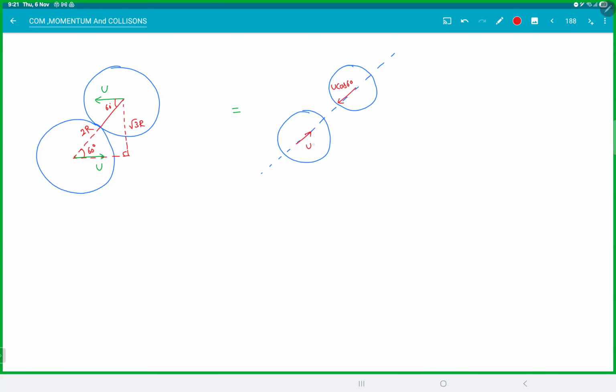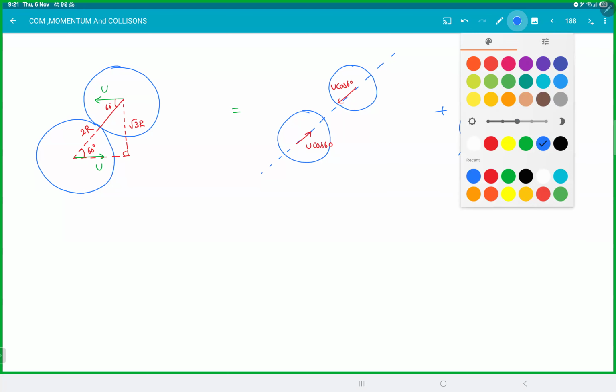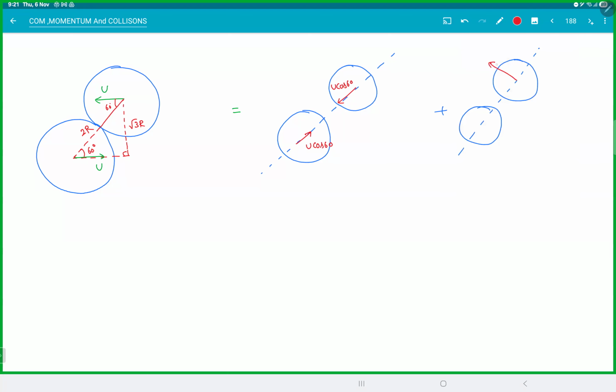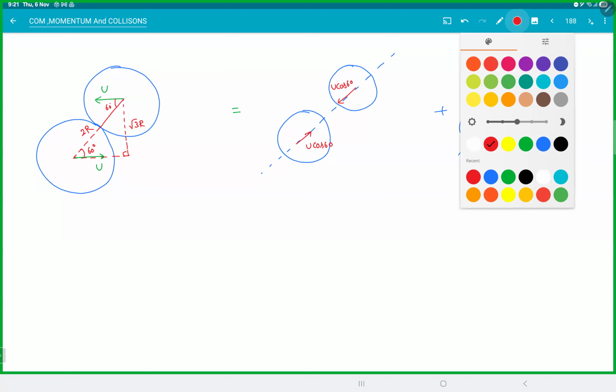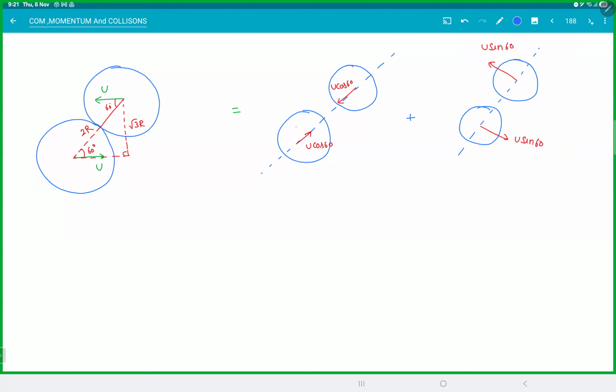U cos 60, U cos 60, plus this is a perpendicular component, U sine 60, U sine 60. So these guys will not change. This mass is 2m, this mass is m, and e is equal to half.